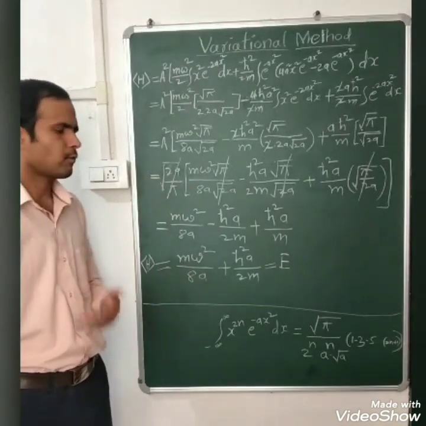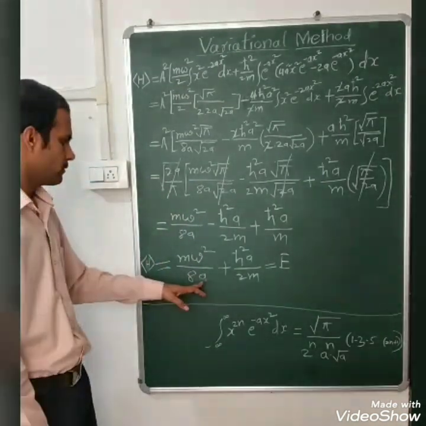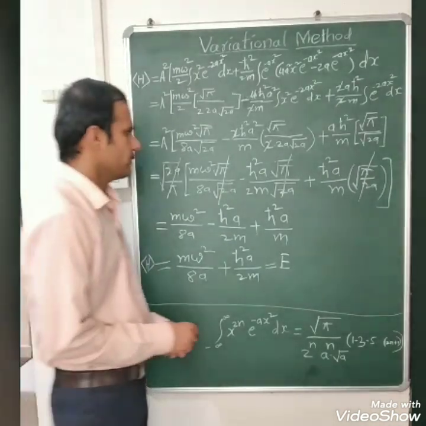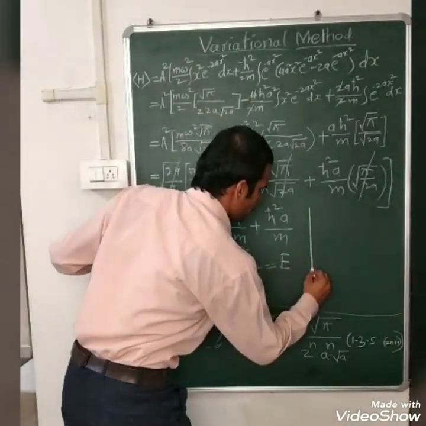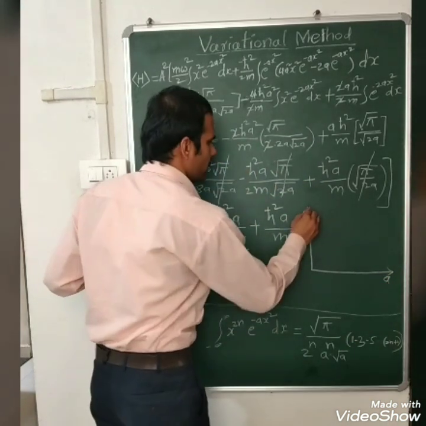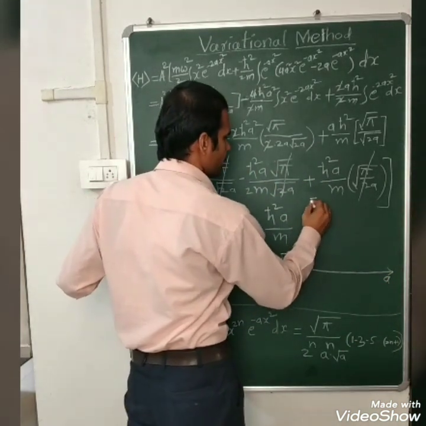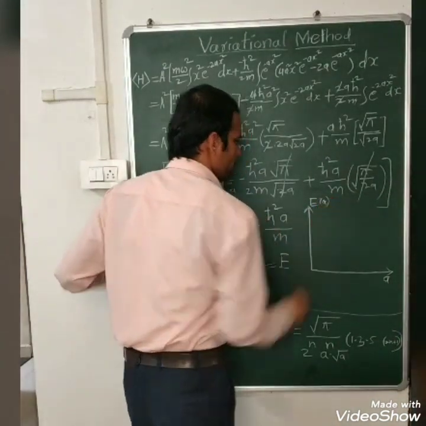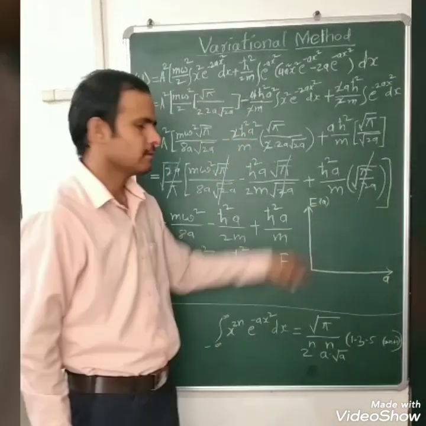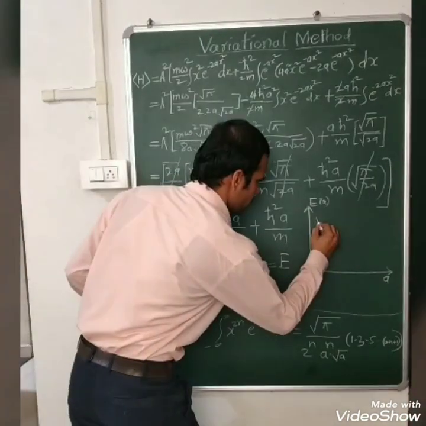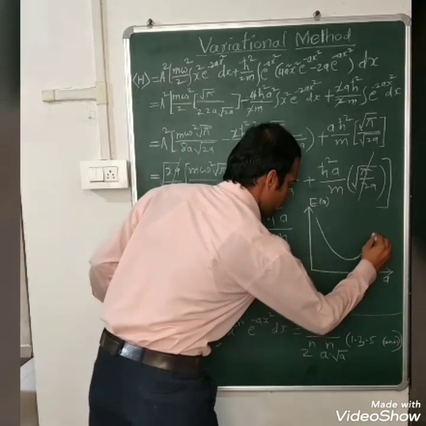So if we plot a curve of A versus energy, with A on the x-axis and E(A), the energy as a function of A, on the y-axis, we will get this type of curve.